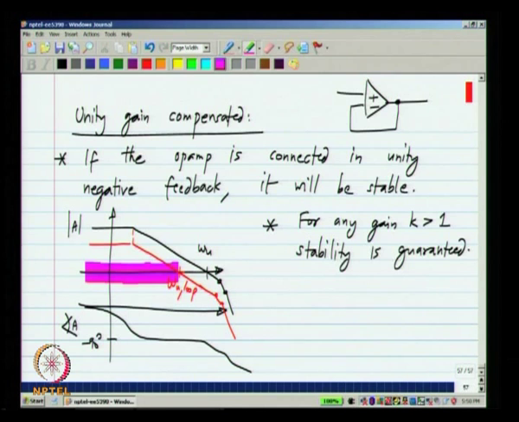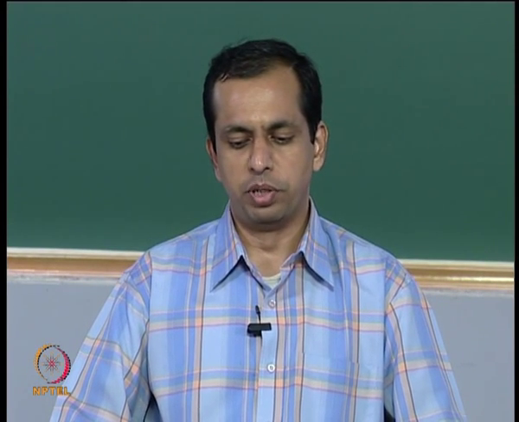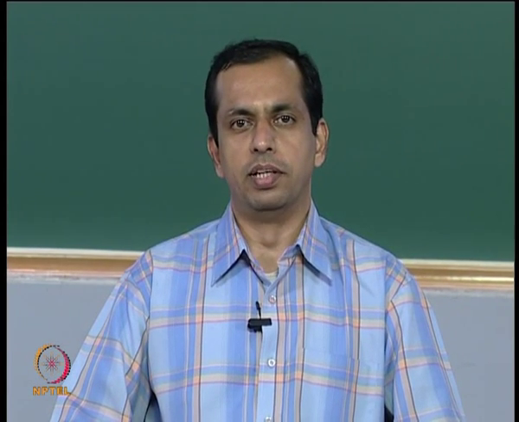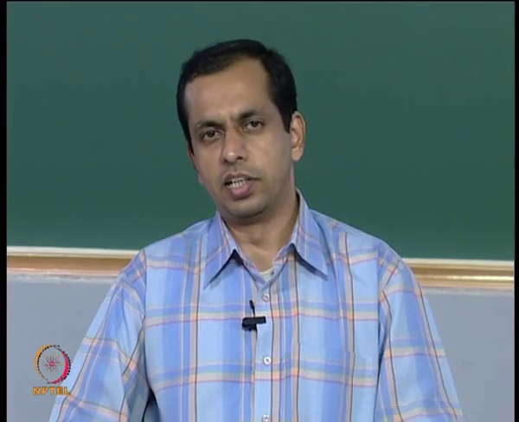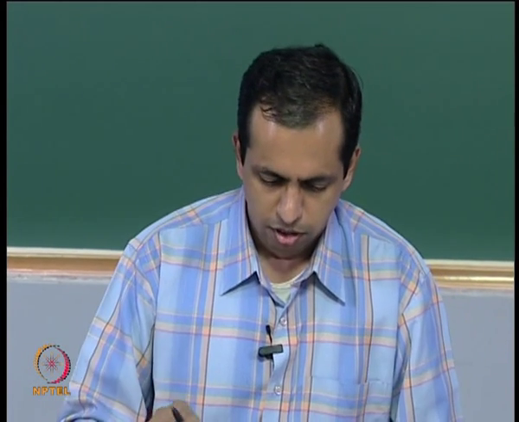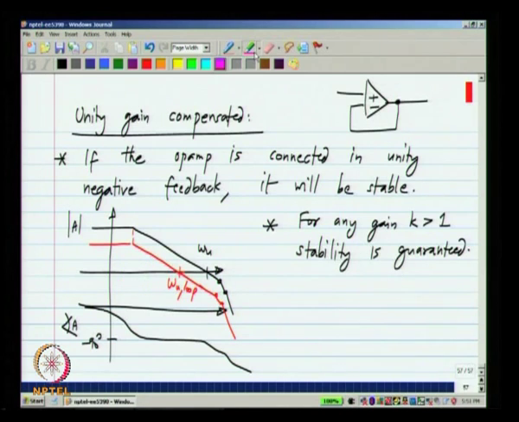Now, let us say you intend to make amplifiers only of gain 10 or more, and you use a unity gain compensated op amp, which has a certain omega u. That means that you can get a bandwidth of only omega u by 10 or lower than that, and that is a great disadvantage. Now, this unity gain compensation is not necessary, because you never intend to use the same op amp in unity gain mode anyhow.